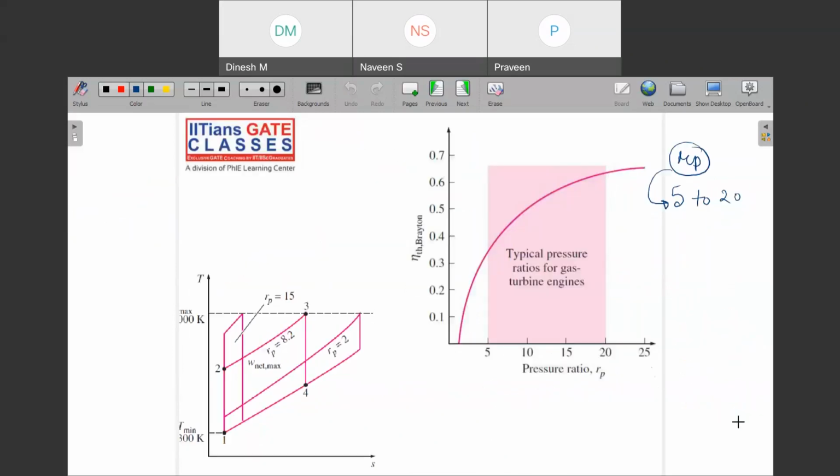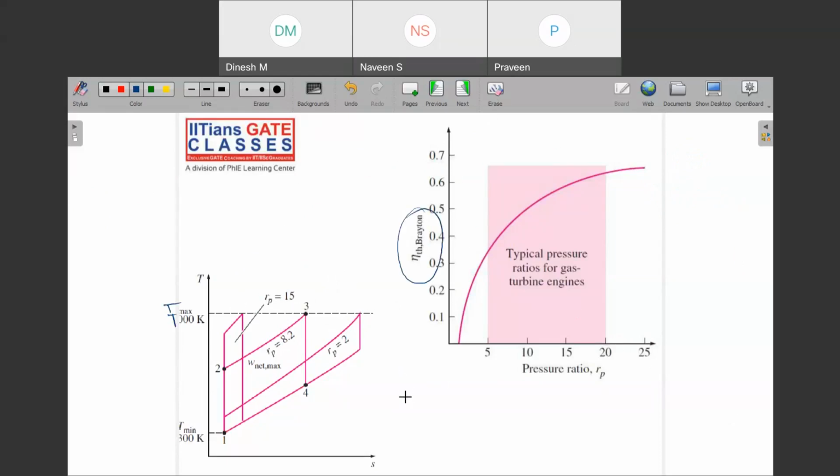Now I have tried to show you Tmax, Tmin and all. So you can think that with an increase in compression ratio, I can increase the Brayton cycle efficiency.